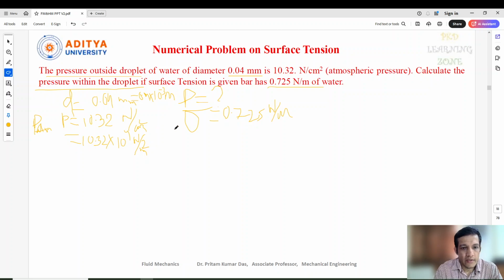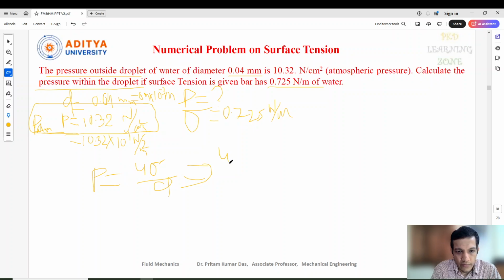We know the formula for this: P equal to 4 sigma by D. The diameter is already given, and this P is actually different. This is the atmospheric pressure given.